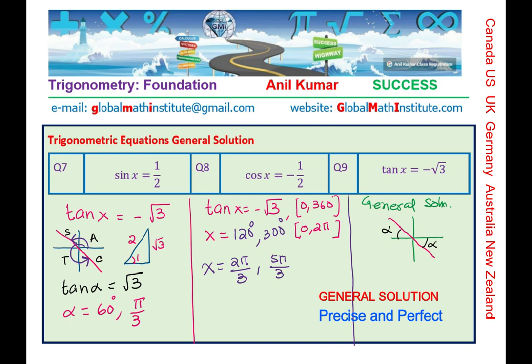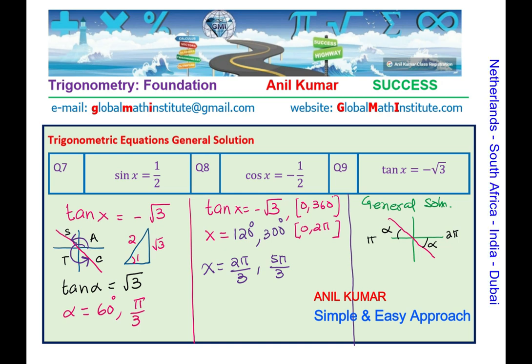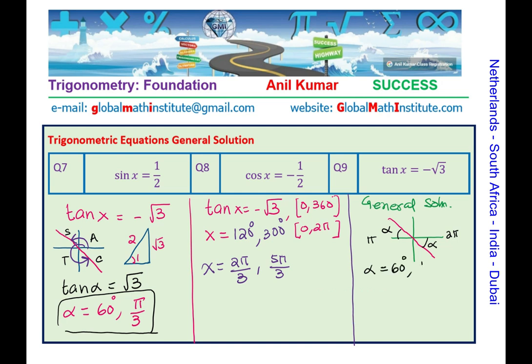So what really is happening is that from pi you are subtracting alpha, and from 2 pi also you are subtracting alpha to get the answer, correct? So every cycle you're subtracting the related acute angle alpha. Now in our case alpha was this. So the related acute angle was 60 degrees, and in radians pi by 3.